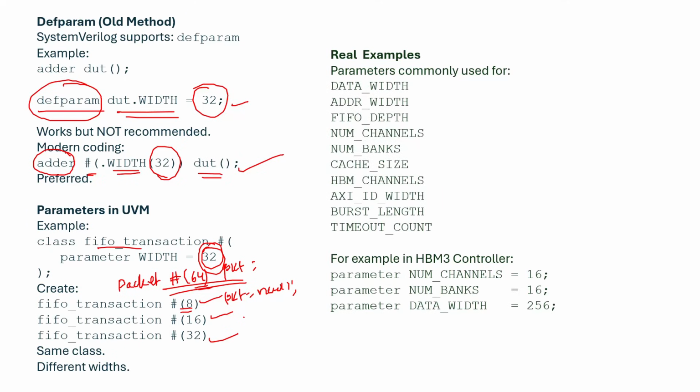See, these are the parameters we are taking. Okay, data width, address width, FIFO depth, number of channels, number of banks, cache size, HBM channels, AXI ID width, burst length, timeout, different parameters.